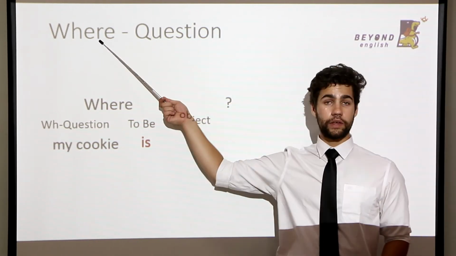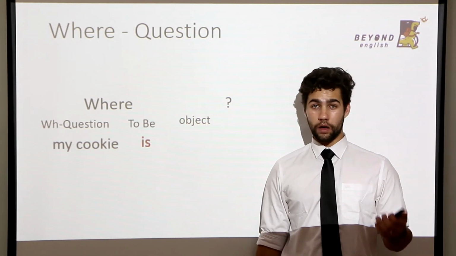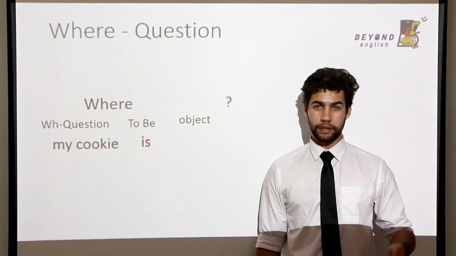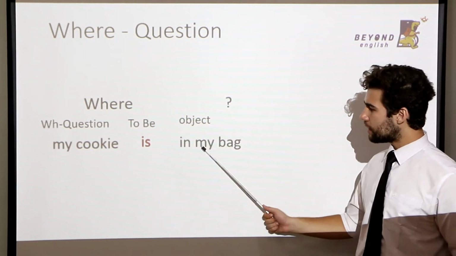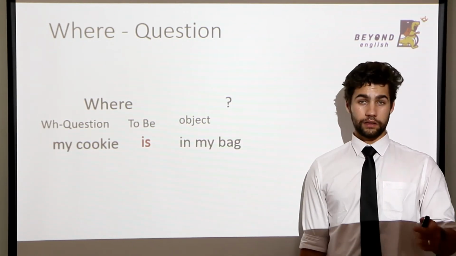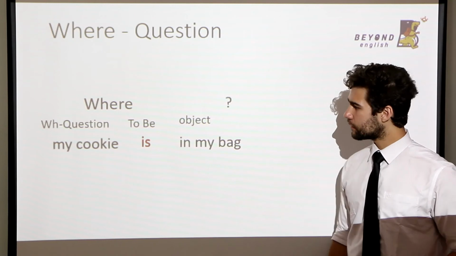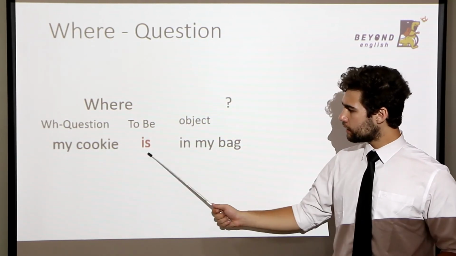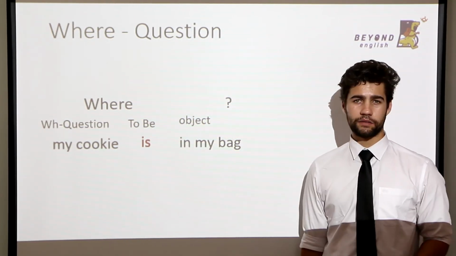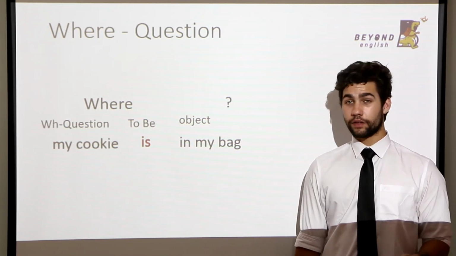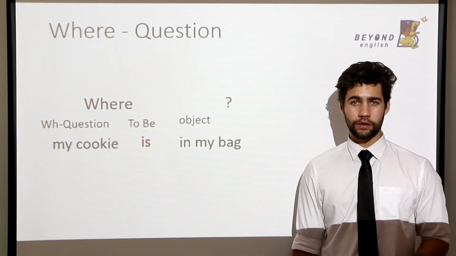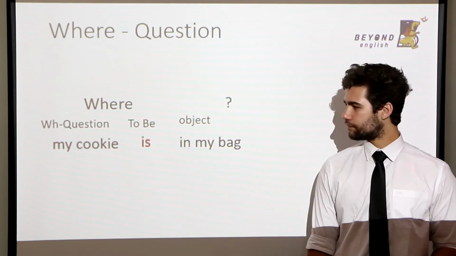Remember, when we say where, we always talk about a place. So, in my bag. Let's read it together. My cookie is in my bag. Good. So, our structure here is also the same.